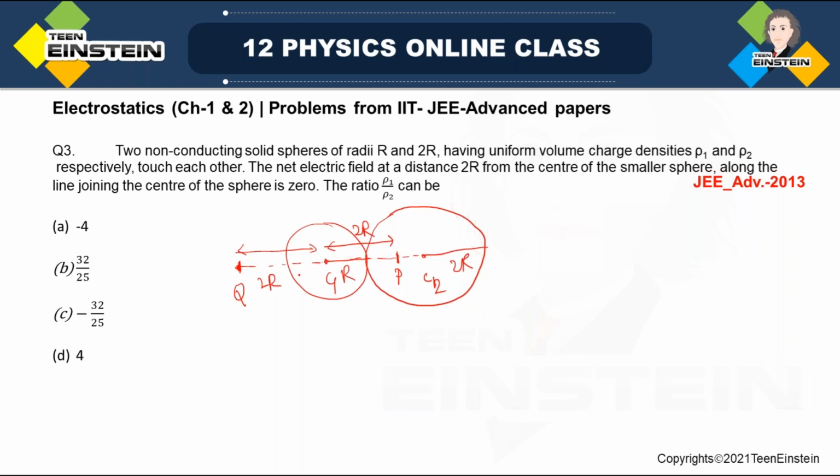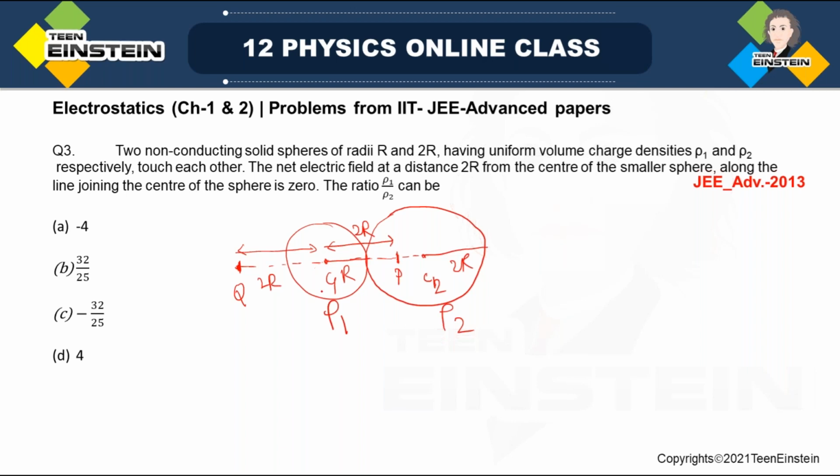problem. The problem is that there are two non-conducting spheres of radii r and 2r, as I have drawn here. Each of them has uniform charge density: rho 1 for this one, rho 2 for this one.